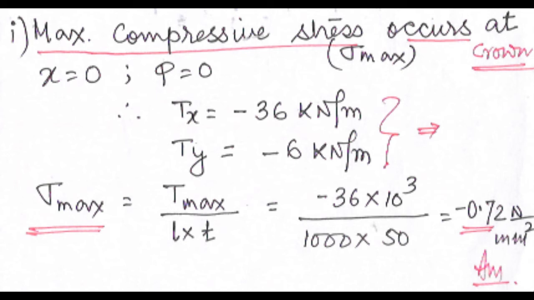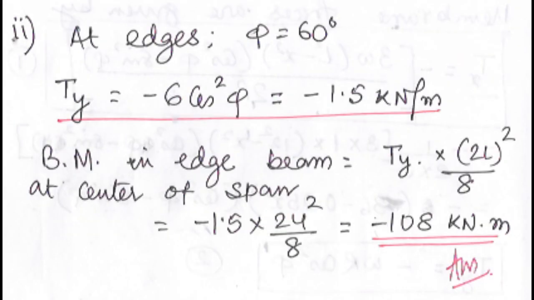Per meter length means 1000 millimeter, and the thickness of the shell was given as 50 millimeter. Since 1000 and 50 are in millimeter and 36 into 10 cube is in Newton, the unit will be Newton per millimeter square, and the value comes as minus 0.72 Newton per millimeter square.